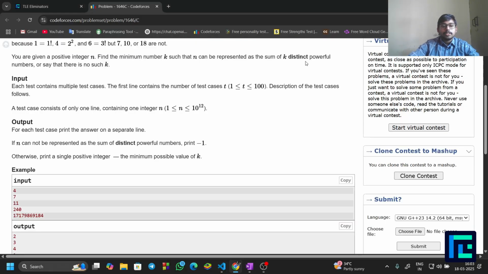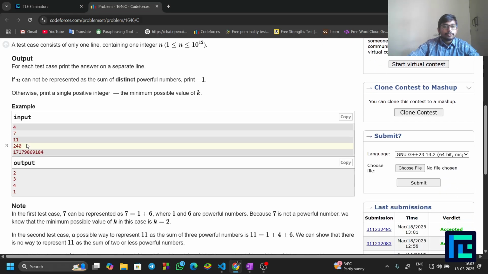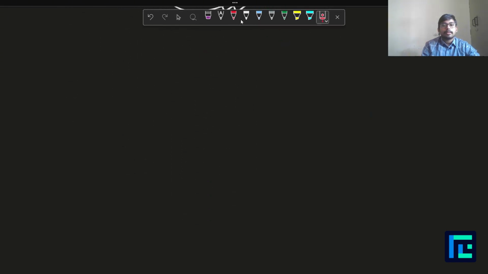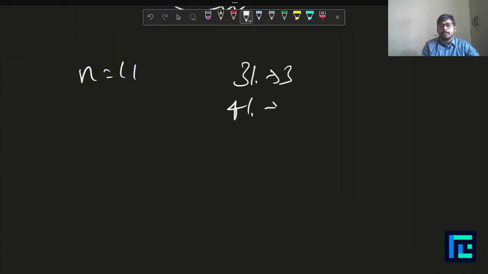If you just dry run one of the test cases, let's take n is equal to 11. So for n equal to 11, what all numbers we can use, first of all we'll use type 2. So 3 factorial is 6, 4 factorial is 24, 5 factorial is 120.